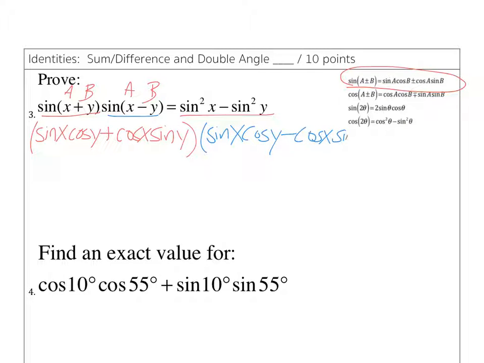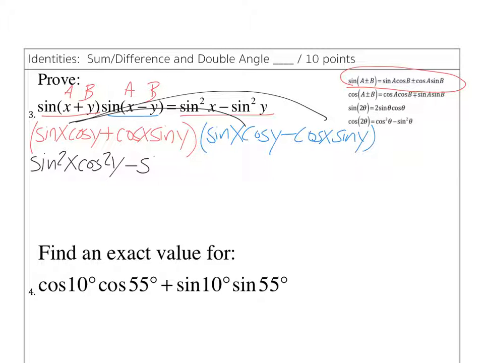Okay, now we've got to do some distribution. I'm going to multiply. We get sine squared x cosine squared y. I'm going to distribute that again. We get minus sine x cosine y cosine x sine y.